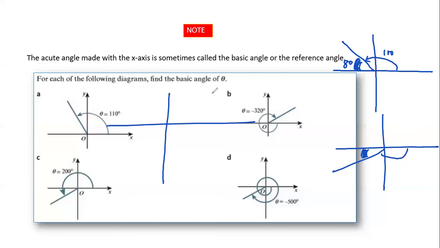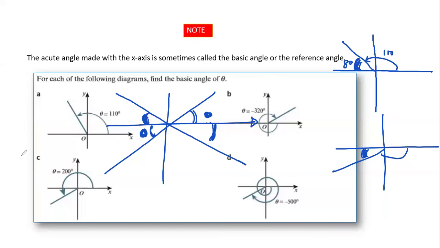In other words, if I have a diagram like this, the angle close to this x-axis is always called the reference angle. In case it is in this format, the angle here is called the reference angle. The angle here is called the reference what? Angle.